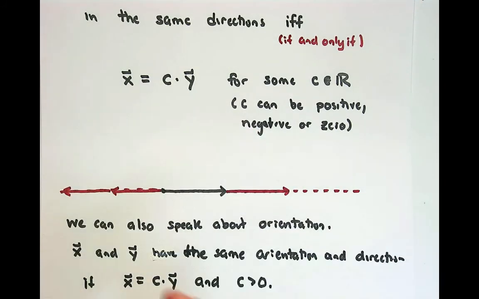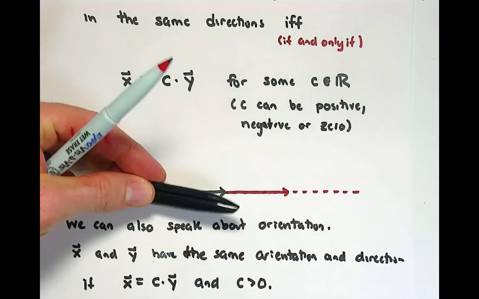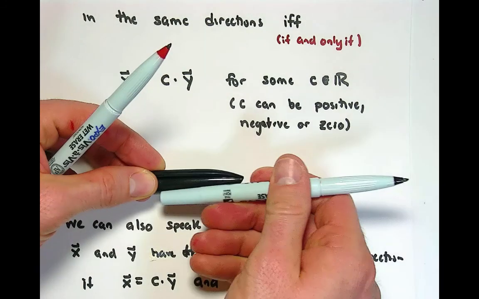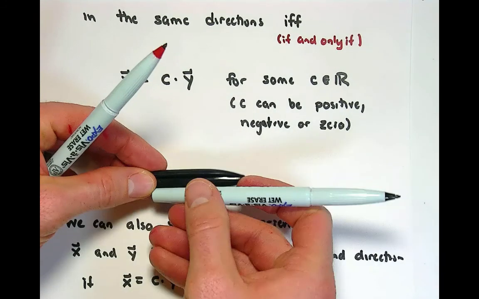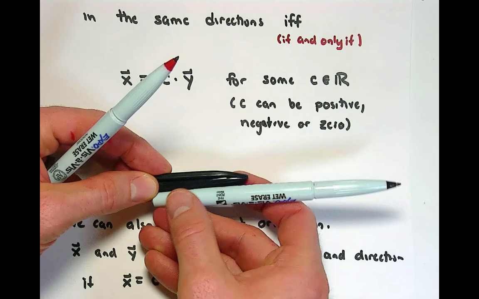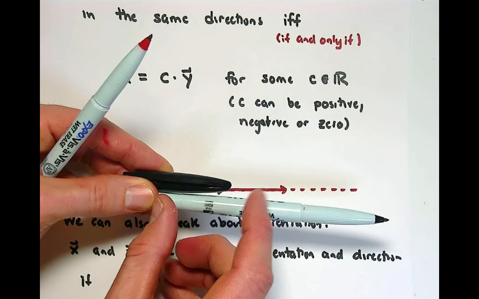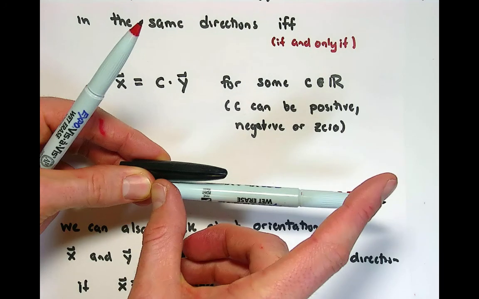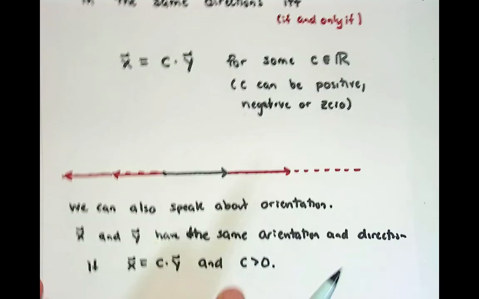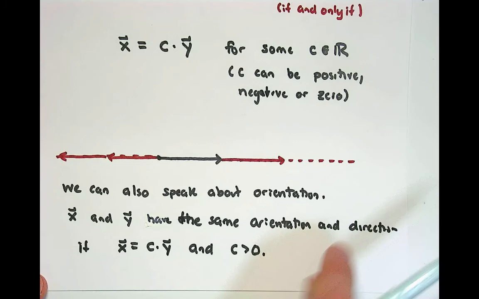Which means if you had x in this direction, y in the same direction, so y is a scalar multiple times x, but not only is it a scalar multiple, it's a positive scalar multiple, so you're scaling x positively. We would say that they are oriented in the same direction.